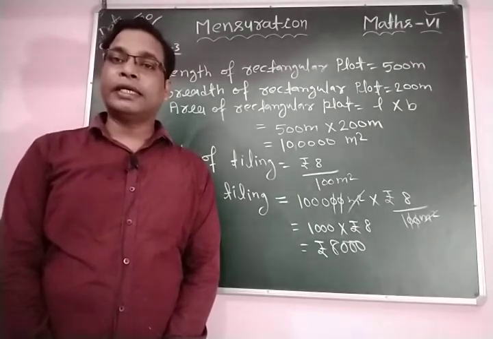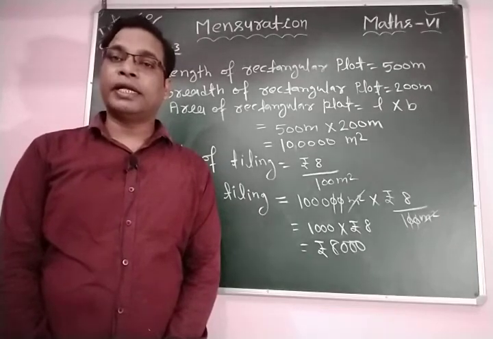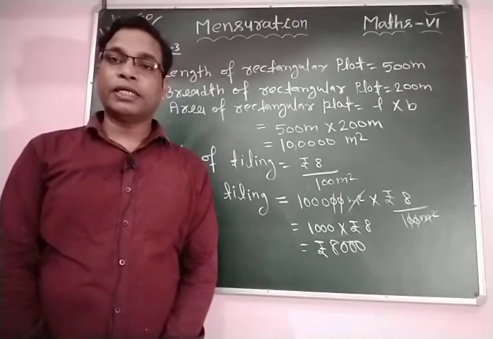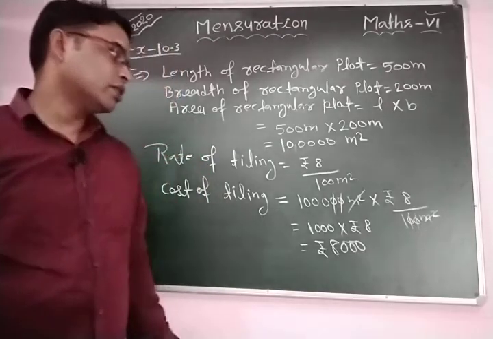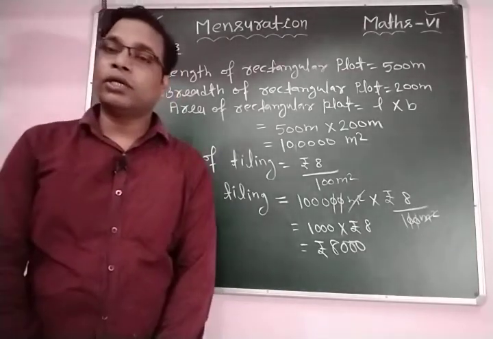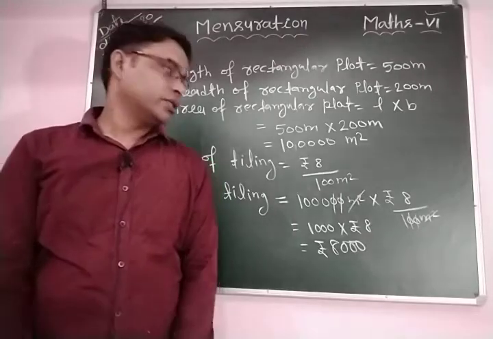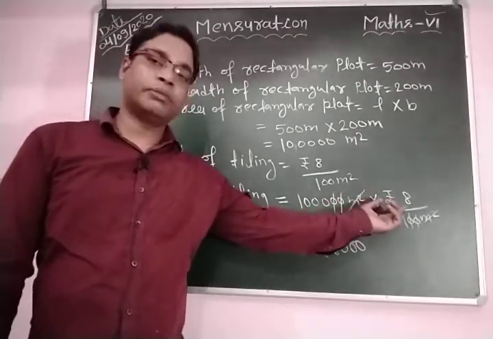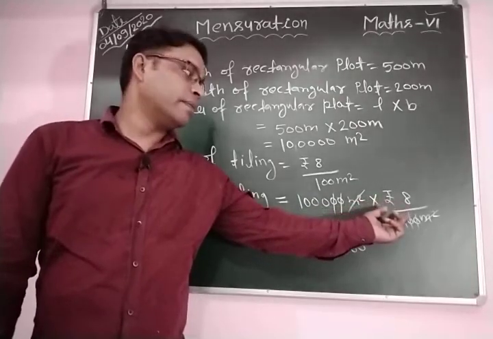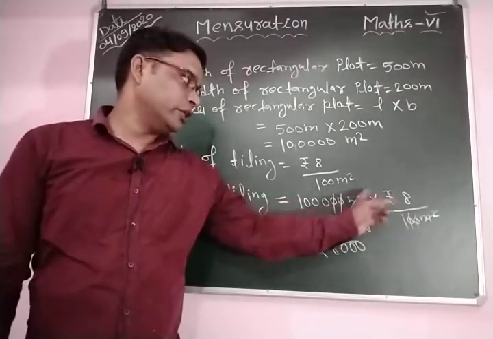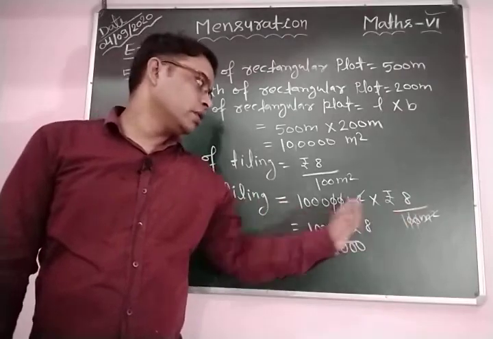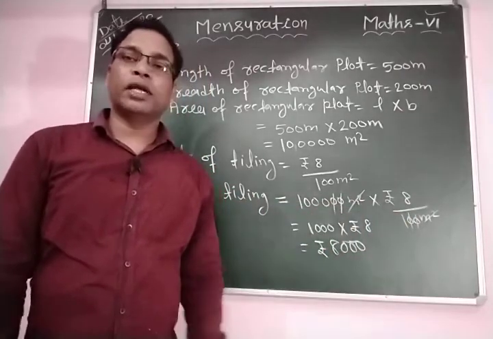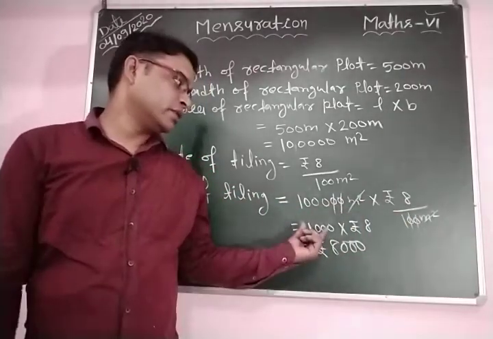Okay. And the rate of tiling is also given, rupees 8 per 100 meter square. So you need to find the cost of tiling. The cost of tiling is equal to the area of the rectangular plot into the rate of tiling. Meter square cancels here, and again two zeros cancel, or you can divide 1 lakh by 100, then we have 1000.